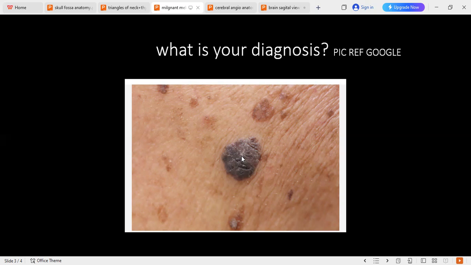Is it crusted? Is it ulcerated? I see a central crust. No bleeding. It's nodule-like or raised, and black in color, dark black, circular, 1 by 1 centimeter, crust over it, no ulceration.